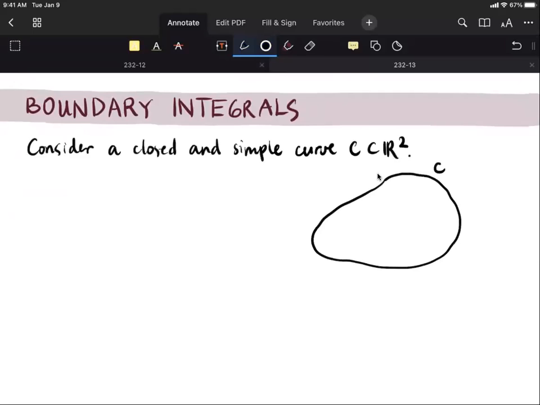So closed means that, okay, so suppose I have this parametrization, and let us consider this direction. So let us consider the parameter t. So C is defined as the image of some continuous function phi.